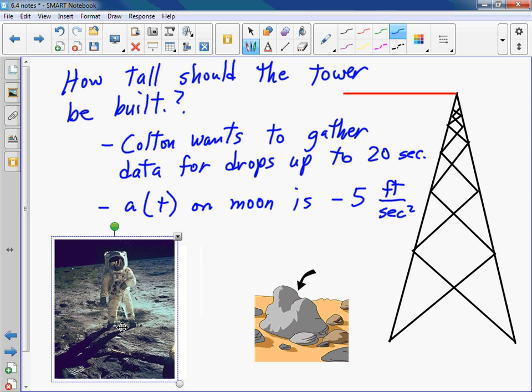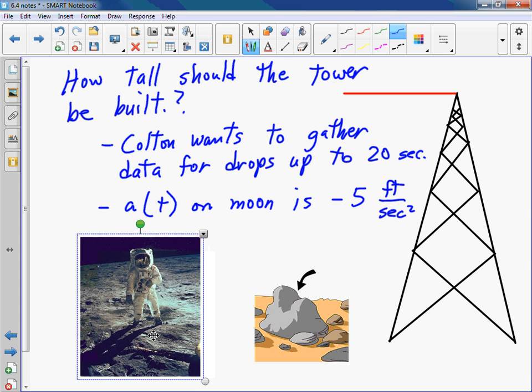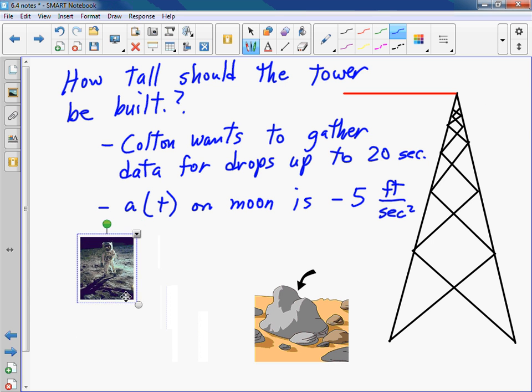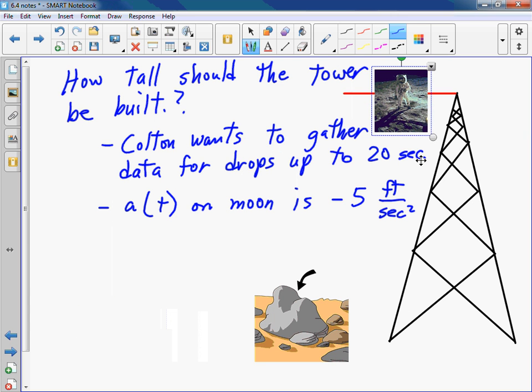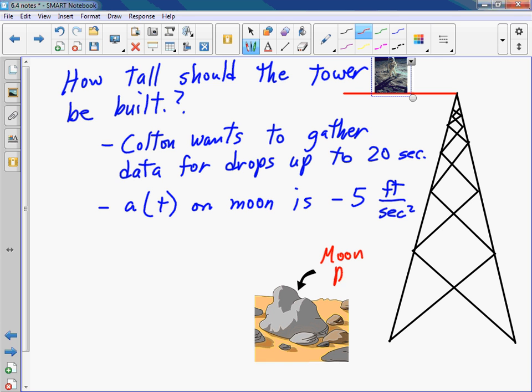So here's the situation. Here is Colton, the astronaut. Hi, Colton. And he is on the moon doing research. And he wants to build a tower that looks something like this so that he can go up on the tower. His plan is to go up on the tower and take moon rocks. Here's a moon rock.